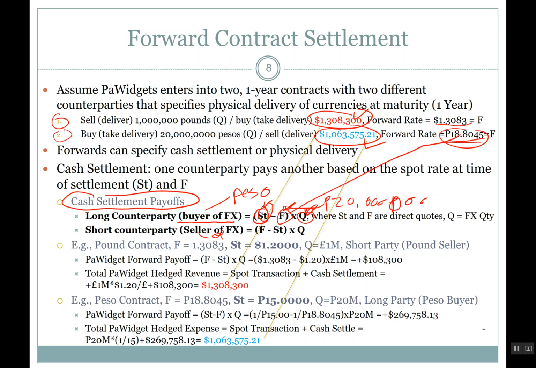But what if the exchange rate turns out to be 20? Well, 20 minus 18 times 20 million, you're going to get paid. But what if it turns out to be 12? Well, 12 minus 18, you pay somebody. So these are cash settlement contracts.